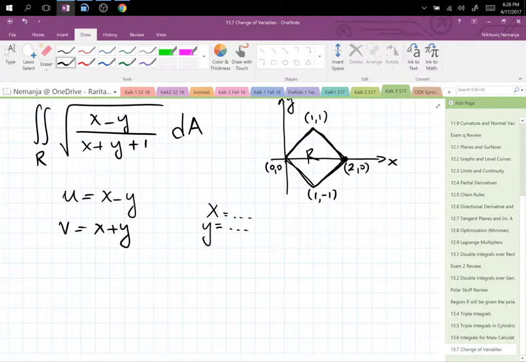So you could come up with a transformation, and it would not be wrong, it would just not be the right one.